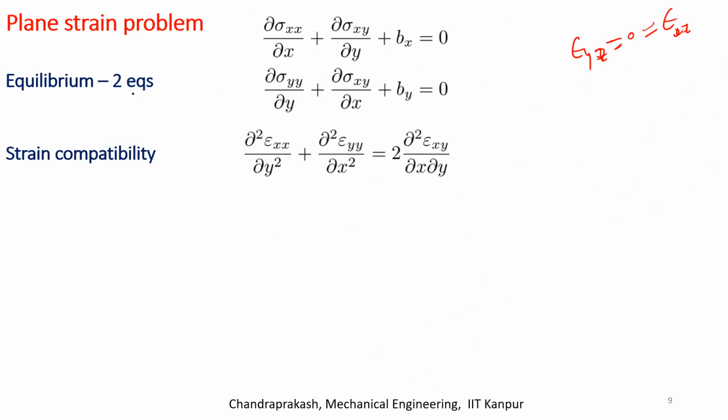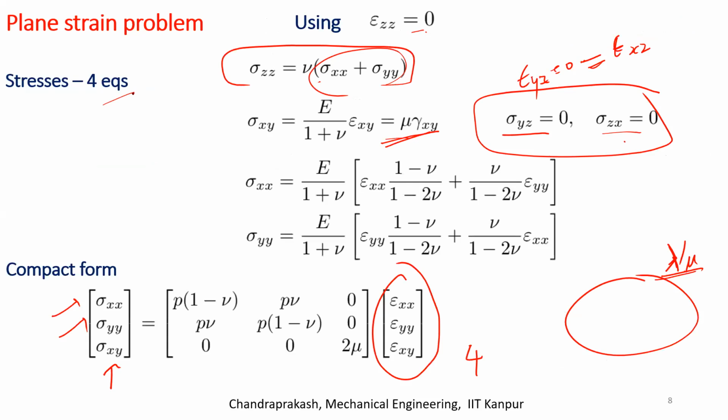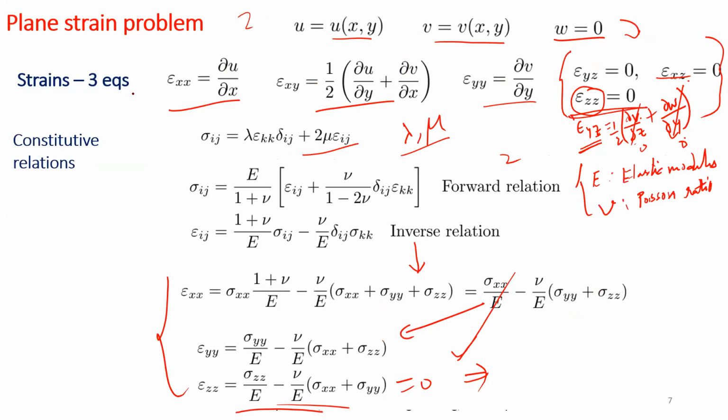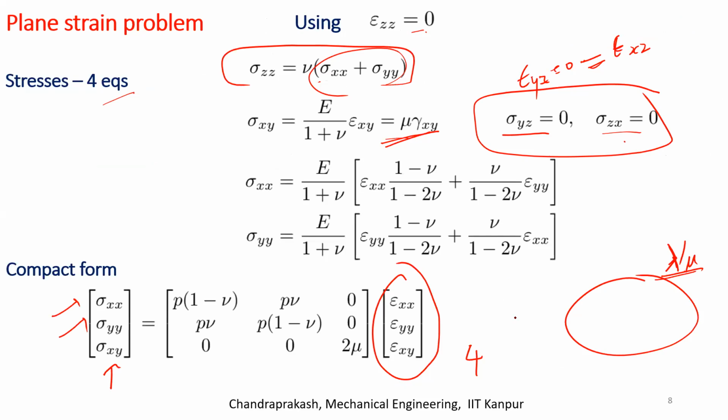So all I am going to do is what we did when we derived the stress formulation and ended up with the Beltrami-Michel equations. What did we do there? We substituted for the strain in terms of stresses, right? So we already know from slide number 7 what the strains are in terms of the stresses. And we already have a compact form also, right?